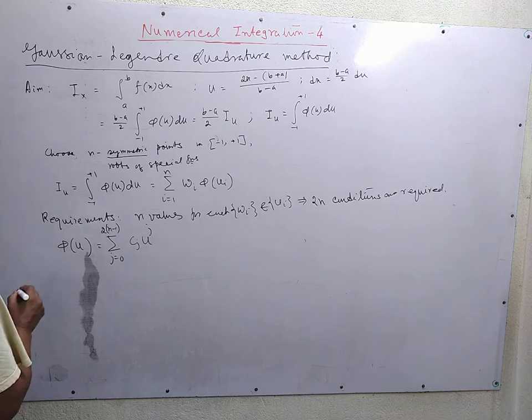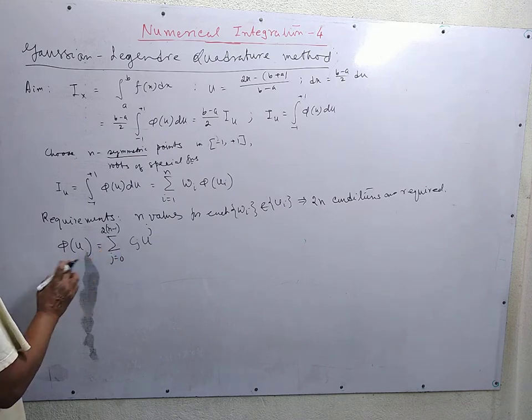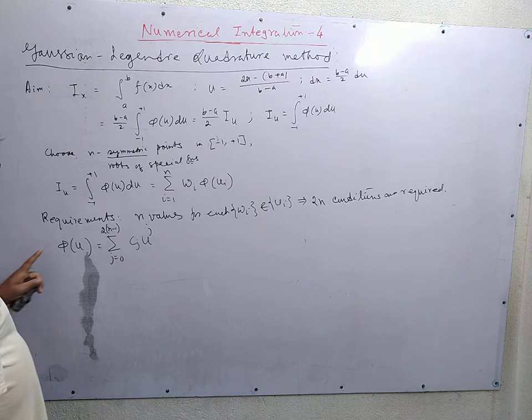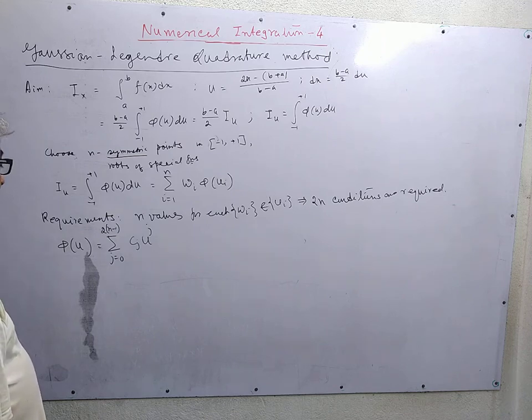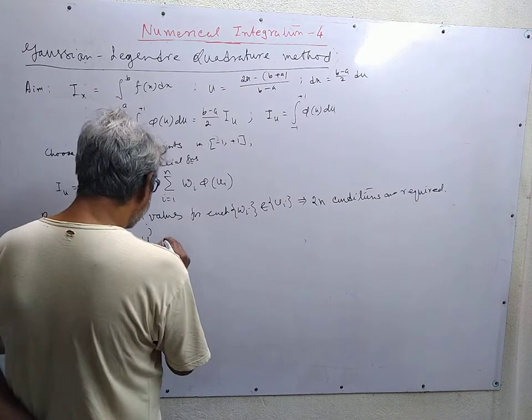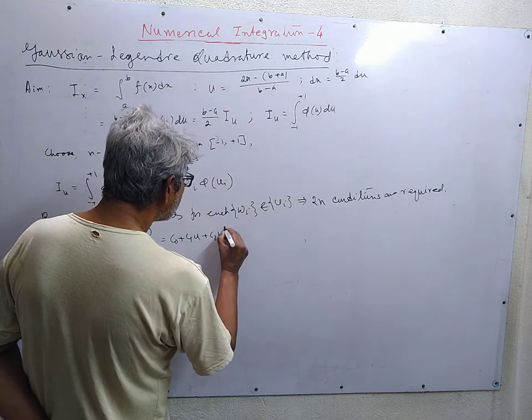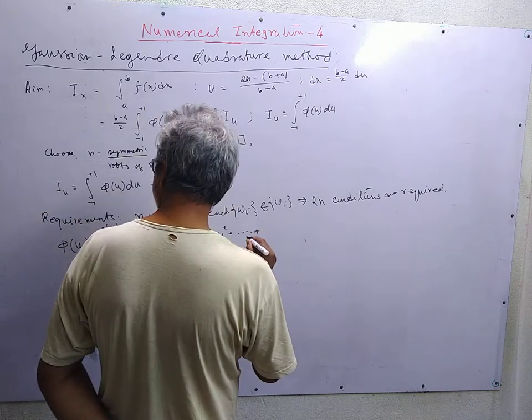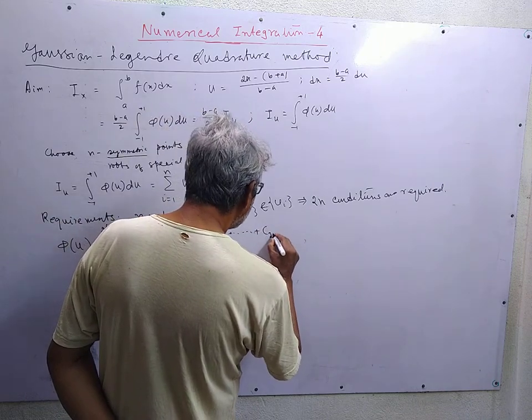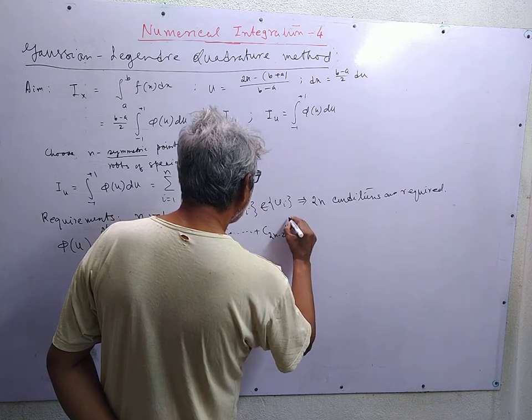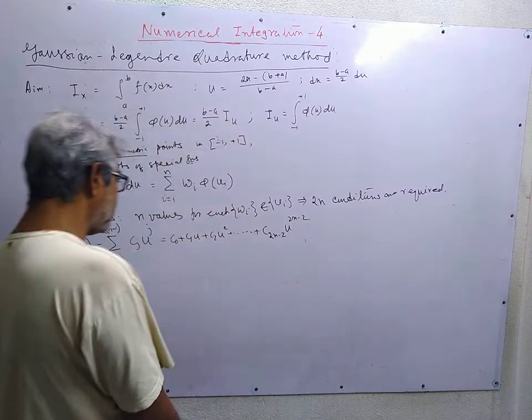This is a polynomial having 2n terms, so it has degree 2n minus 2. Now writing explicitly, this becomes C0 plus C1 u plus C2 u square, right up to C of 2n minus 2 u to the power 2n minus 2. This is the explicit form of it.